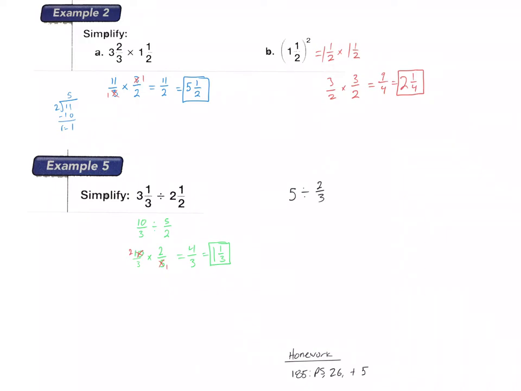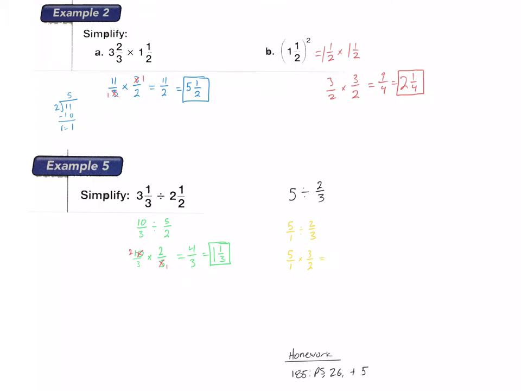And then here, this one again from your practice set, which is part of your homework. This is 5. So converting this, it's going to be like saying 5 over 1 divided by 2/3, which is going to be like saying 5 over 1 times 3 over 2.